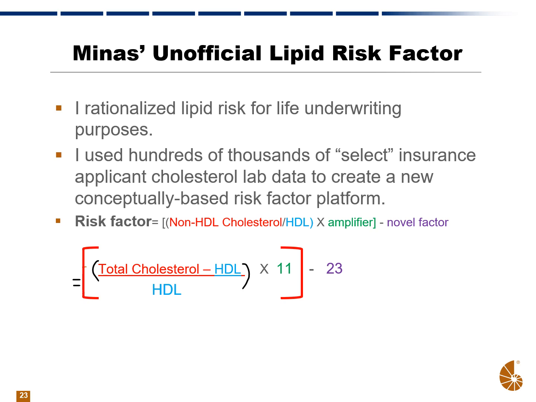What I called the risk factor was: I took non-HDL cholesterol, which is total cholesterol minus HDL, divided by HDL, multiplied by an amplifier, 11, and then I subtracted from that calculation a novel factor of 23 to come up with my unofficial lipid risk factor for cholesterol. You can try it and see if it adds any advantage to you when you're looking at an applicant for selection and assessing their lipid risk.